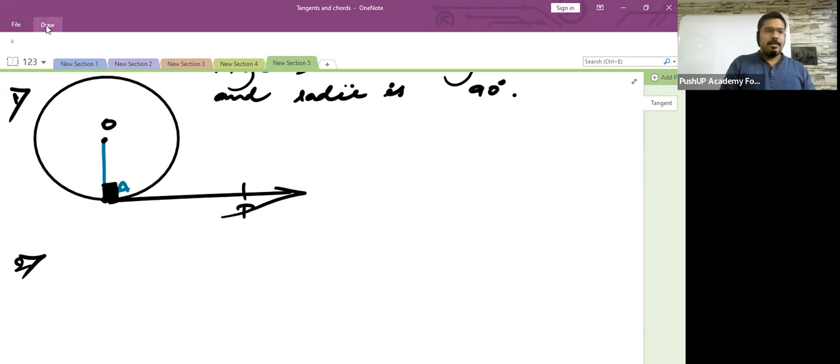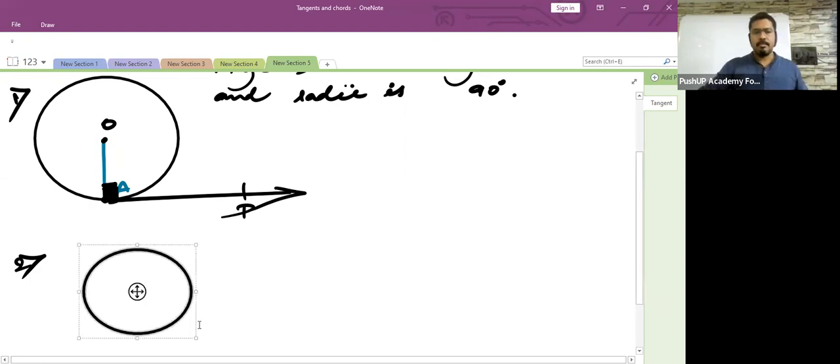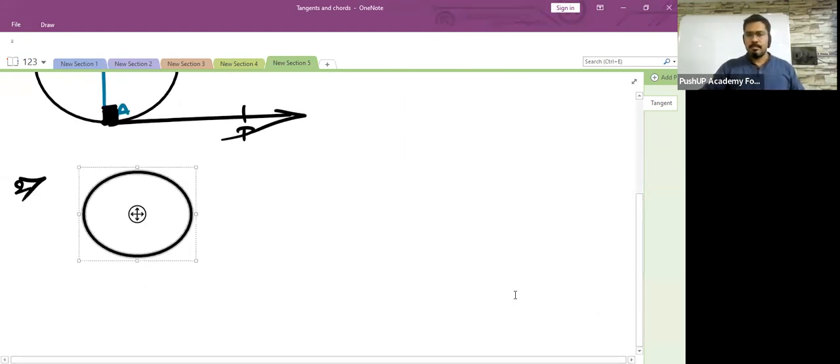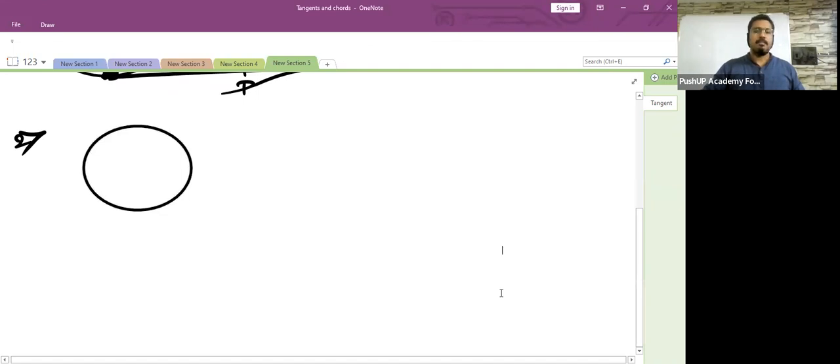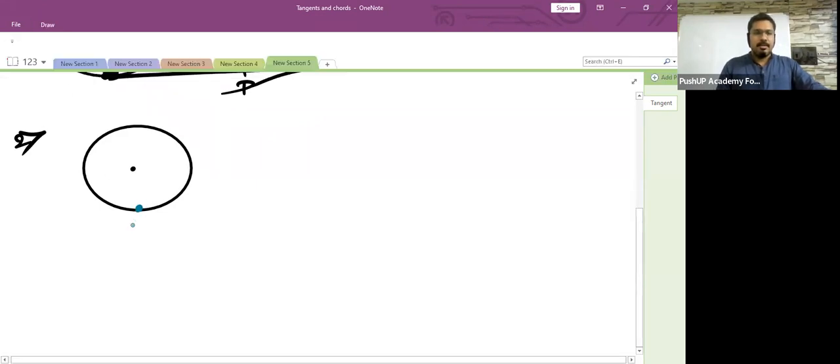Imagine you have a circle with center. I am drawing two tangents on the circle.